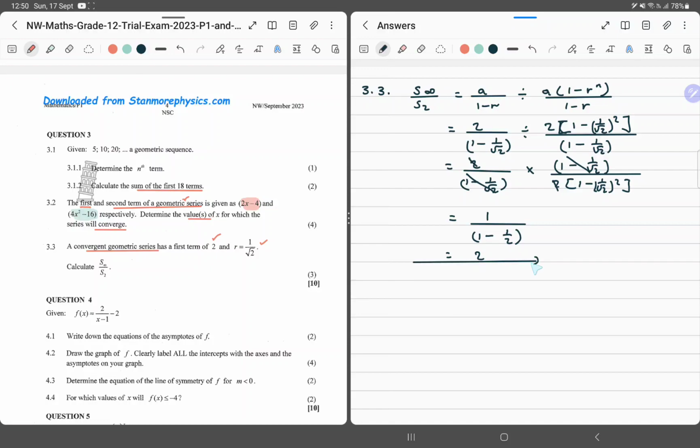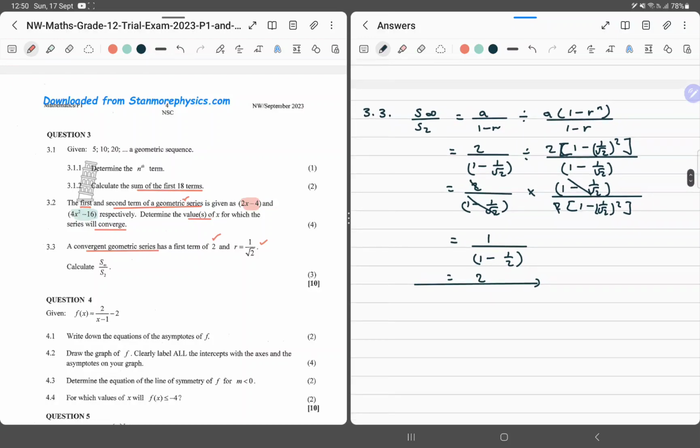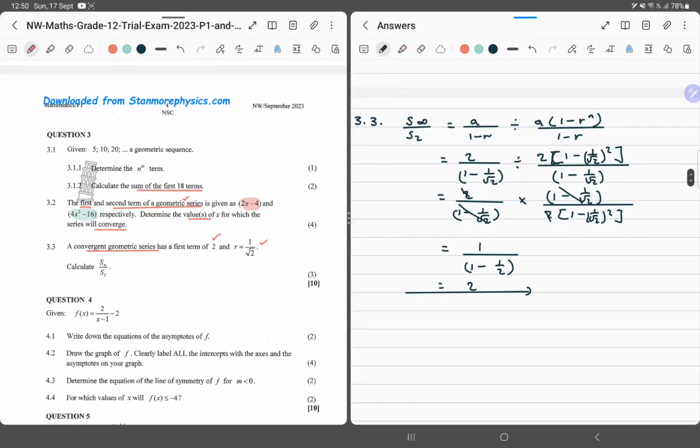Is it not so? I don't want to prolong the inevitable, because 1 divided by a half is just 2. Not a problem. Okay, guys, that's easy. Not a big deal. So that was a bit of an exercise, I suppose. So for me, it's substitutions, and the final answer.